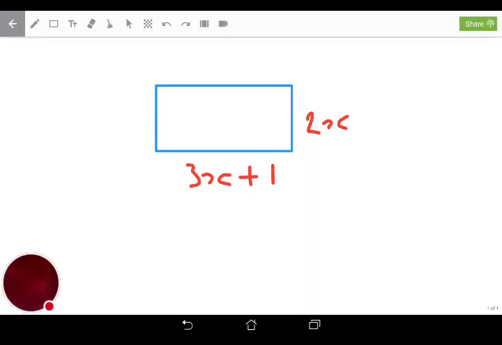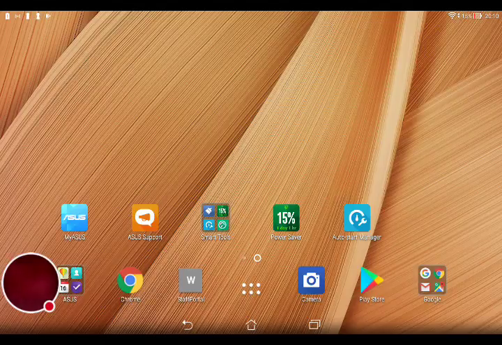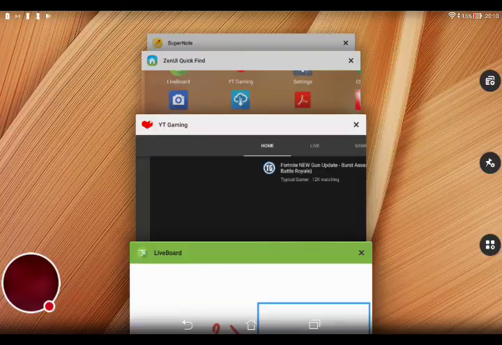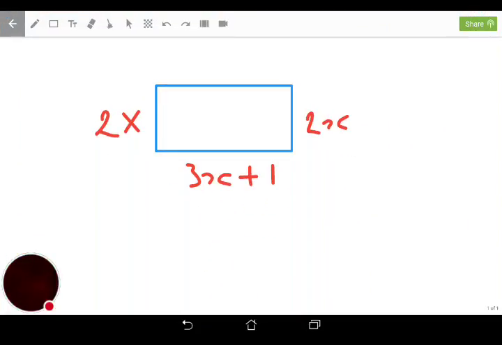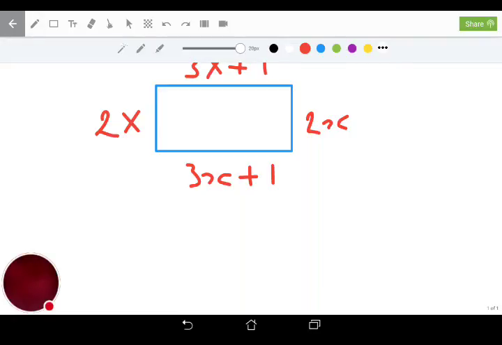If I'm working out my perimeter, what I need to do first is add in the missing sides. So here is 2x, and this one here is going to be 3x plus 1. I'll do that in a different colour.